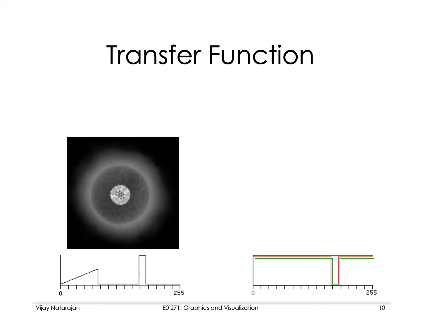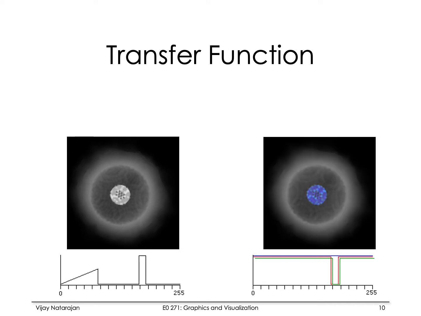So far we have played only with the opacity and assuming that the color is uniform over the scalar values. If we now play with the colors, and let's say assign a blue corresponding to the isosurface, then we get a blue core.